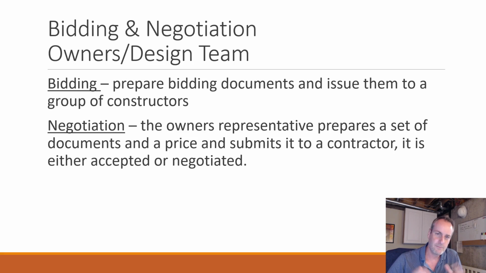But two basic differentiations would be bidding, where you're basically saying this is the project, and then everyone comes in with this is how much I'll charge, this is how much I'll charge. And generally, you're going with the lowest bid, the cheapest people who can actually build the project. The other would be negotiation, where as an owner, my design team, my architects and engineers may come up with the drawings and a budget that we have, or a cost that we think it is going to take to build it.